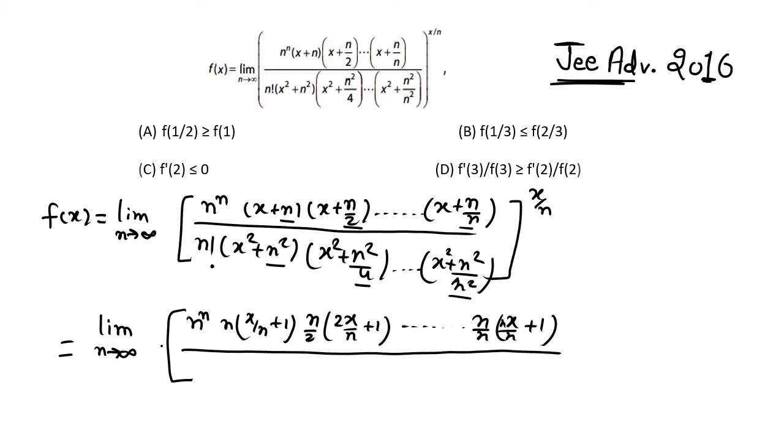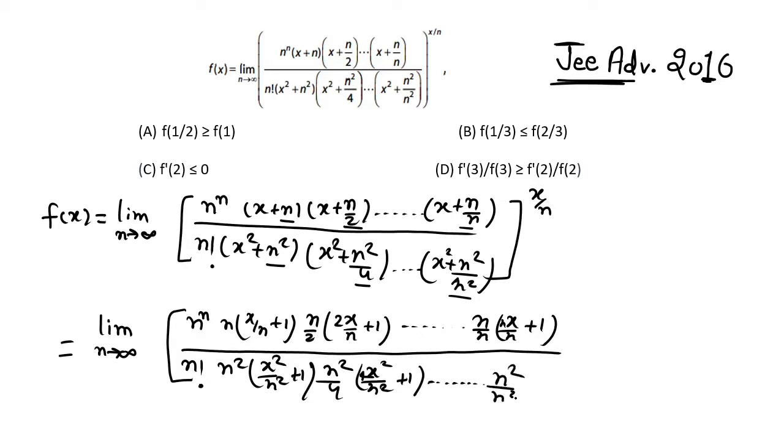And in the denominator n factorial, (n²x²/n² + 1)(4x²/n² + 1), and so on, up to (n²x²/n² + 1). And the power of this function is x/n.